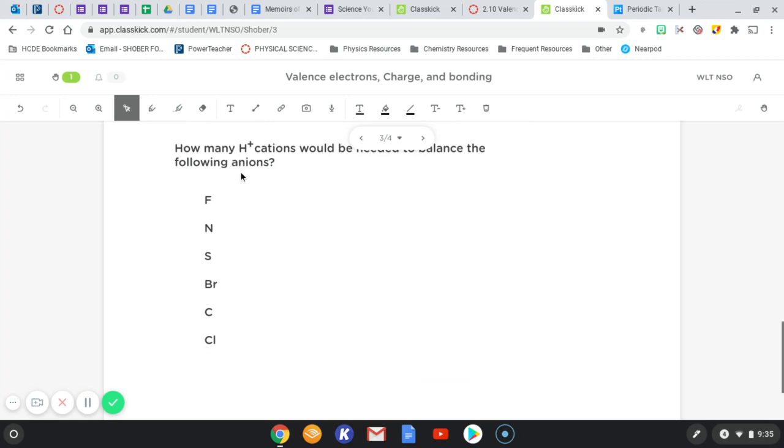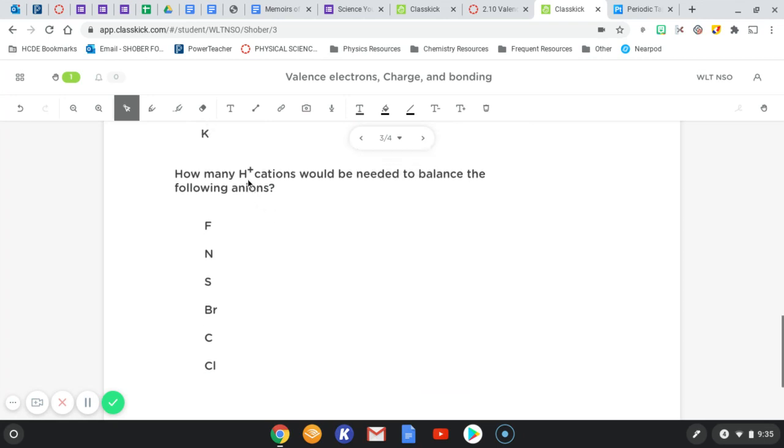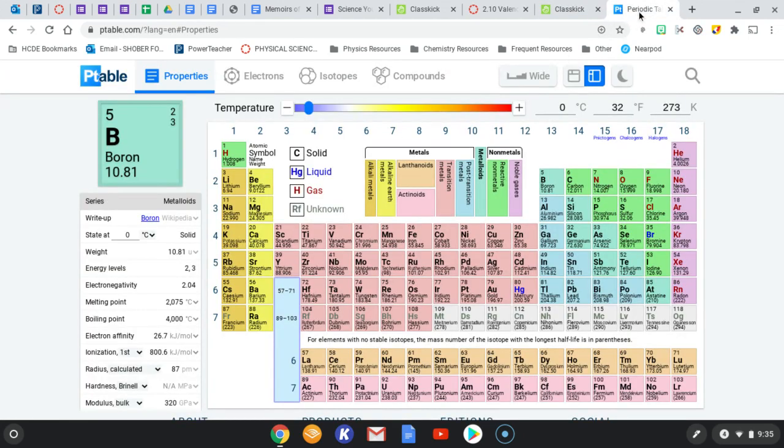So these ones are kind of similar, but now we're talking about how many H+ cations would be needed to balance the following anions. So H+ has a charge of +1. That's kind of clear from what it says, just +1, or just plus means +1. And so we need to figure out what is the charge of fluorine, or F. F is in group 17, which means its charge is going to be -1.